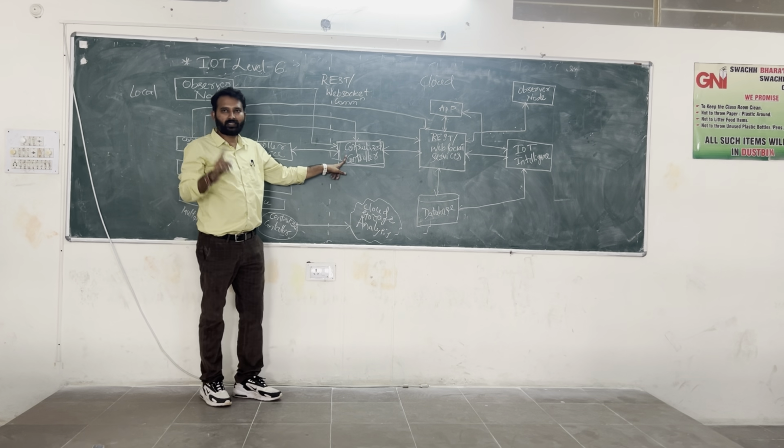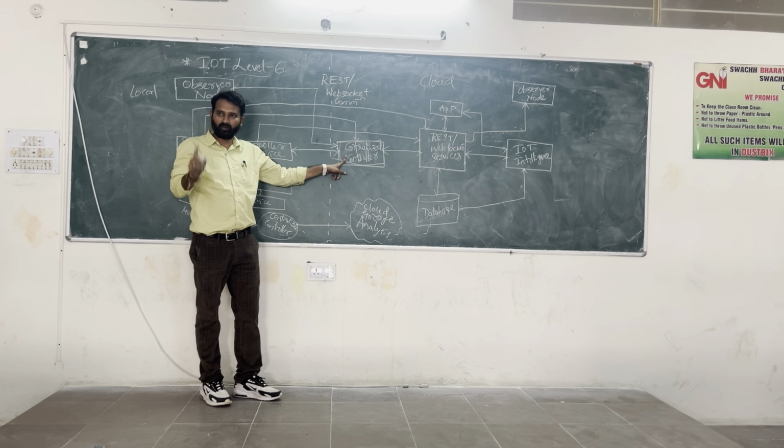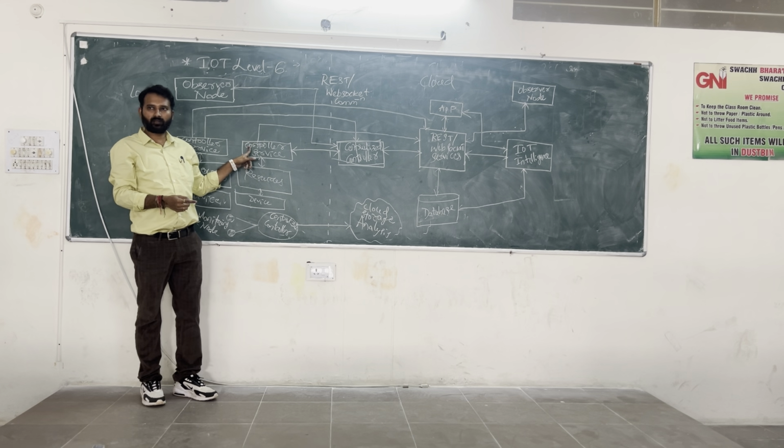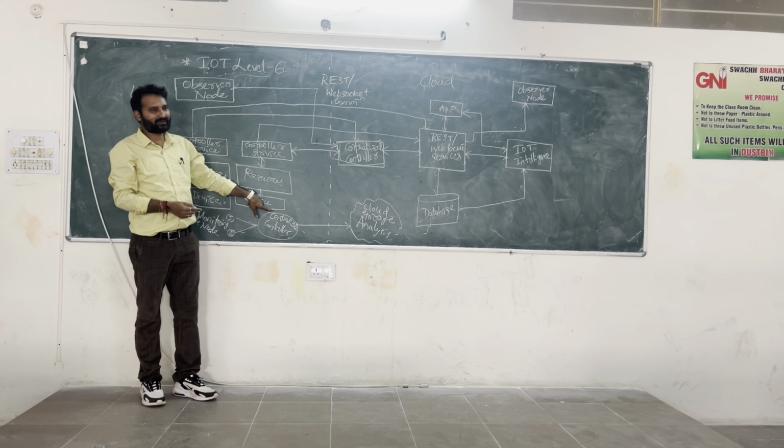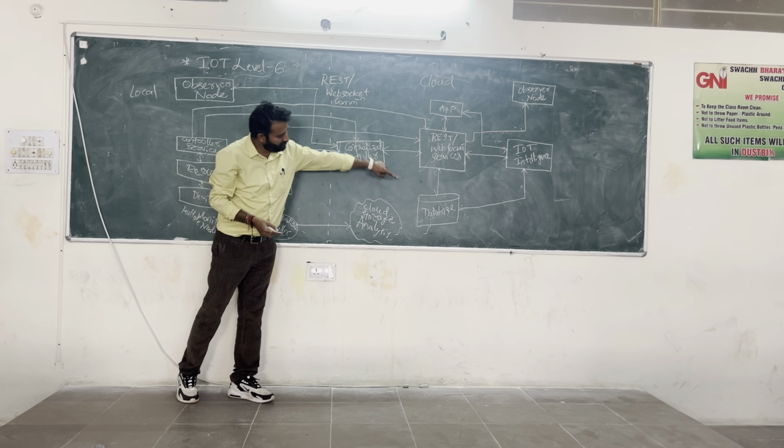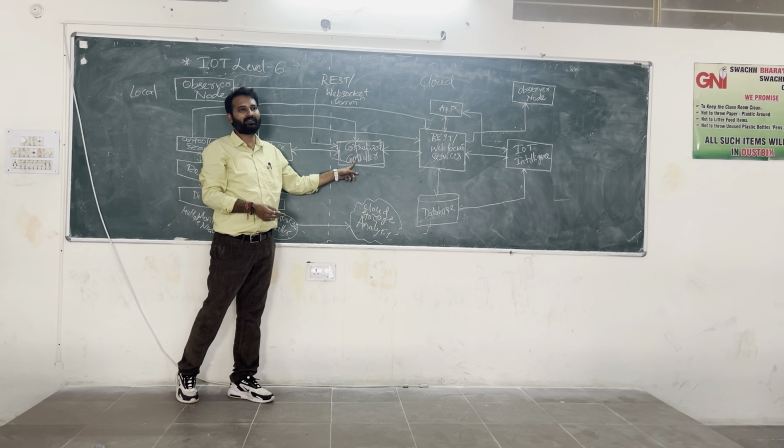The centralized controller communicates with the many controller services, which receive the sensor data. This sensor data is passed to the database by the centralized controller, which is running in the cloud.